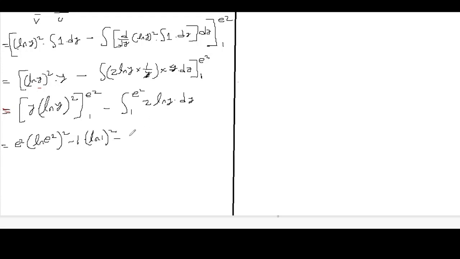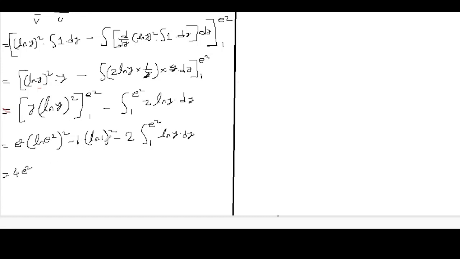From this we can take out 2, which leaves us with integration 1 to e square ln y dy. We already found out in the last integral that the integral of ln y from 1 to e square is equal to 2. So this expression gives you 2 square, that is 4, which becomes 4 e square.